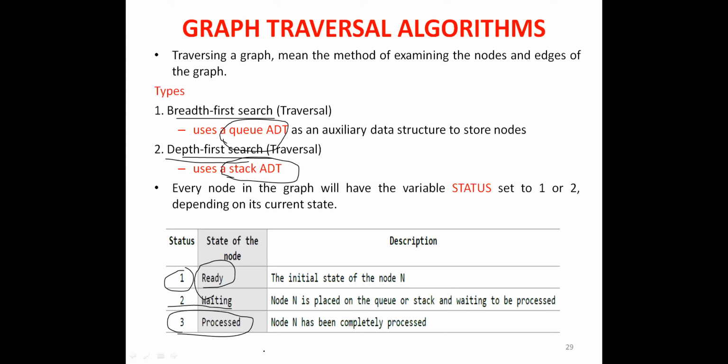If it is 3, node n has been completely processed. If it is 2, n is placed on the queue or stack; right now it is in the waiting stage.